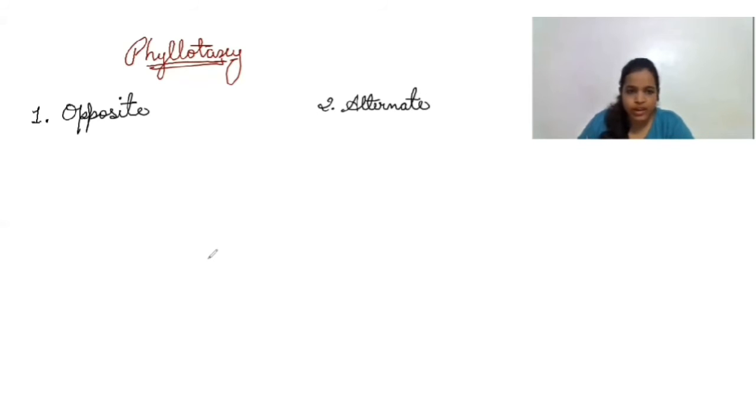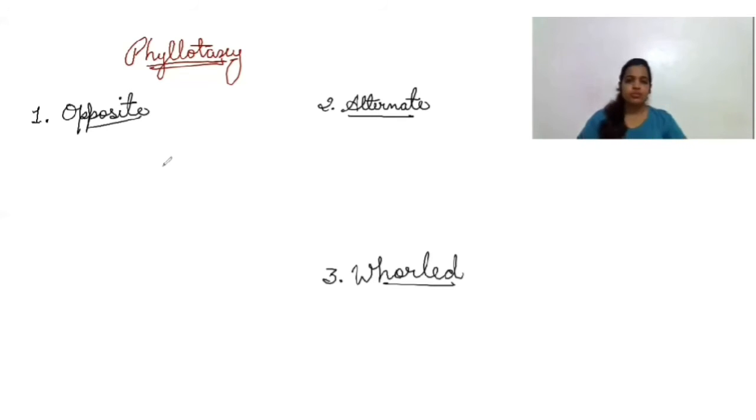And the third one, I'll write it over here, is whorled. These are the 3 types of phyllotaxy we will study for the leaves. Very simple, very easy, just like the topics we have discussed till now. Coming to the first one, opposite phyllotaxy.